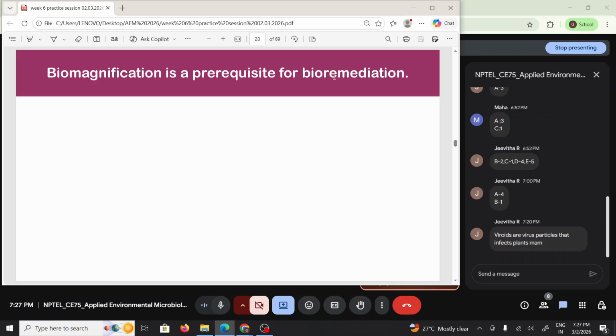When an even larger fish consumes this, the toxicant is transferred from the small fish to the large fish. Then birds and humans can eat the fish, and the toxicant is transferred from one organism to another up the food chain, and the concentration also tends to increase.